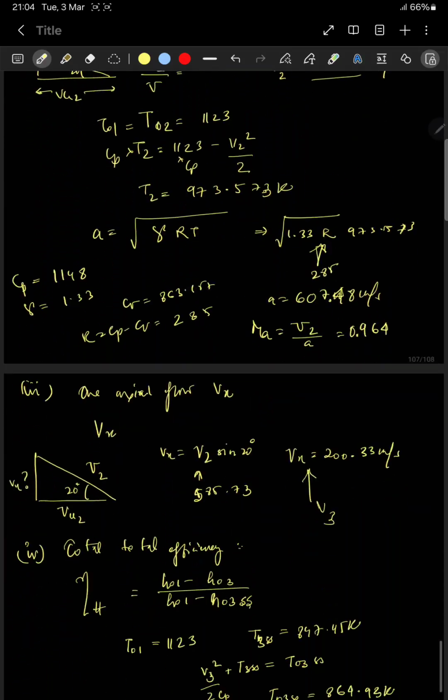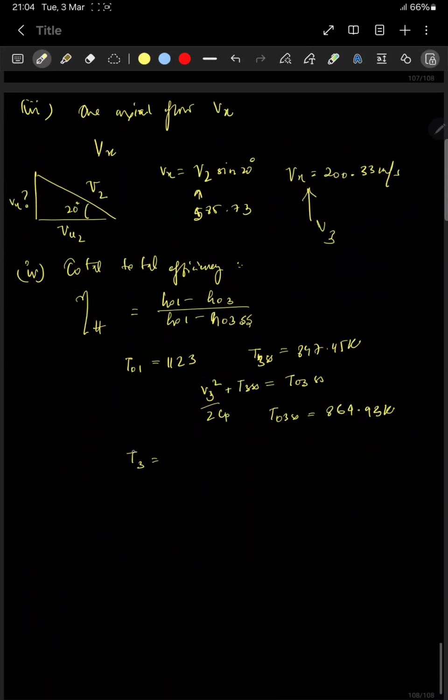So T3 is not required. This is delta W. So we have efficiency total is equal to delta W divided by Cp into 1123 minus 864.93.